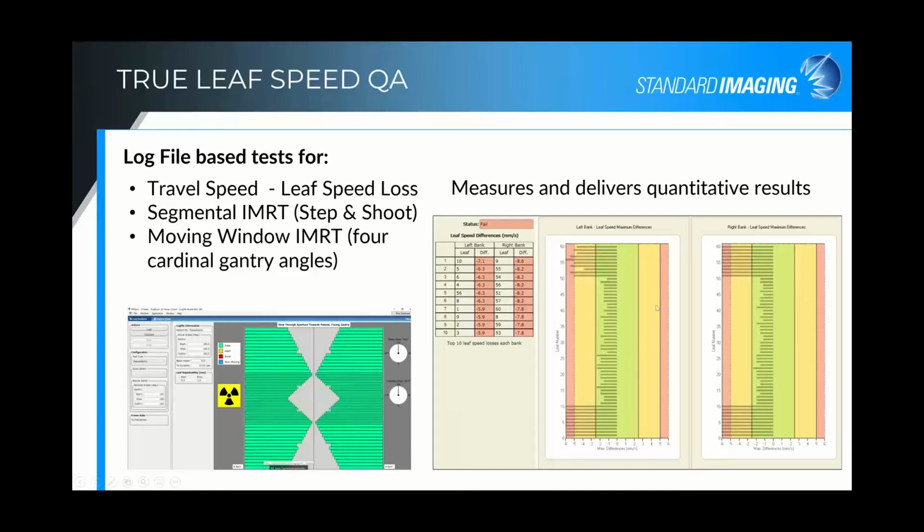So it's a very thorough quantitative test for true leaf speed. Again, it's not just your average across an open field and average leaf speed loss of all the leaves, but it's actually individual. And then you also have a repeatability test as well that we offer.